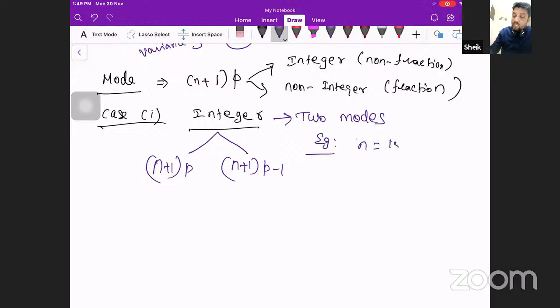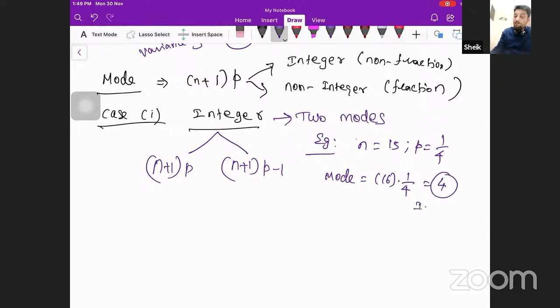For example, n is equal to 15, p is equal to 1 by 4. What exactly is the mode equal to? I know the formula, sir: (n plus 1) into p. That is 16 into 1 by 4, I am getting 4.